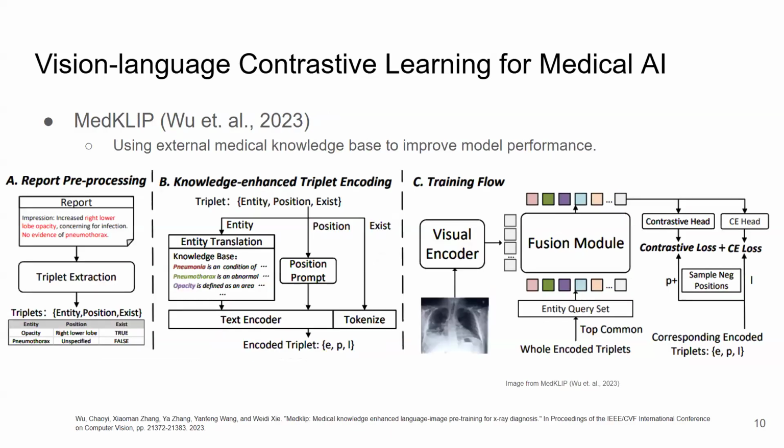And for medical image, we also have some additional information that we can use. For example, we have additional knowledge of what each of the terms should look like on the image. So if you have additional knowledge from, for example, a knowledge graph or things alike, you add that to the contrastive learning or use that to guide the contrastive learning loss, you can further improve the performance.